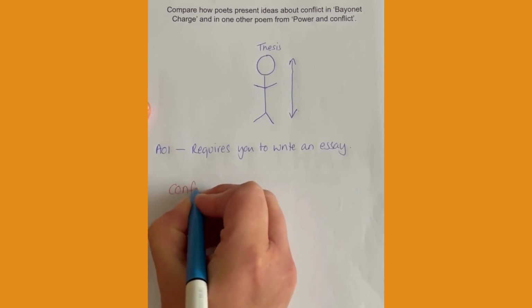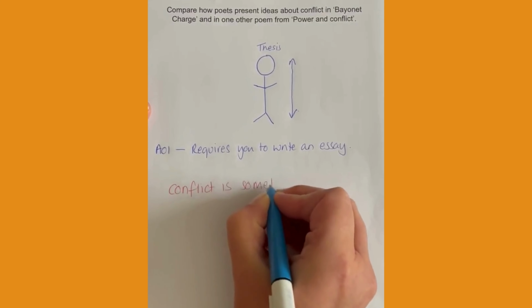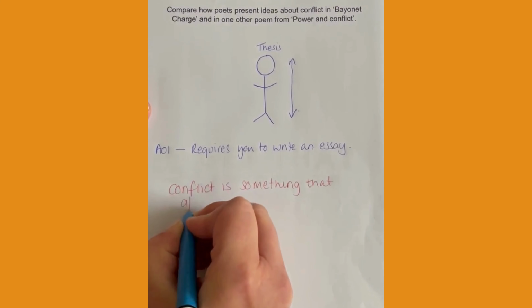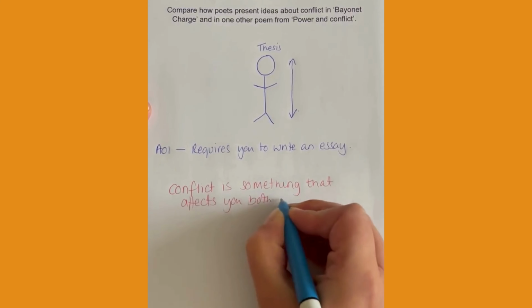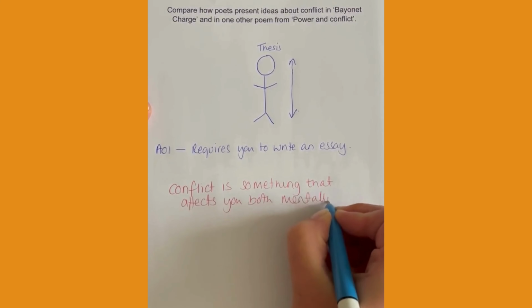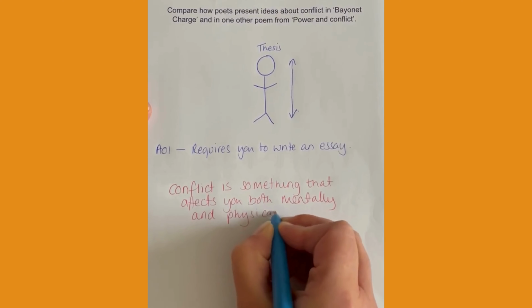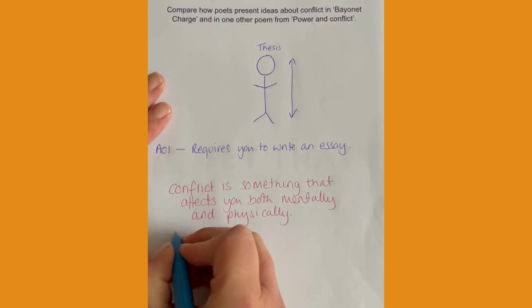So we identified that both poets have different ways of doing this. They have different ways of putting that point across. However, both poets identified that it was pointless.